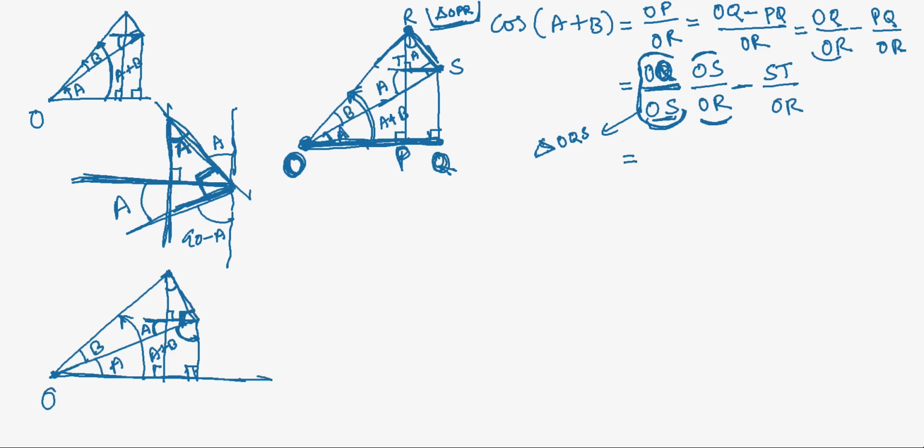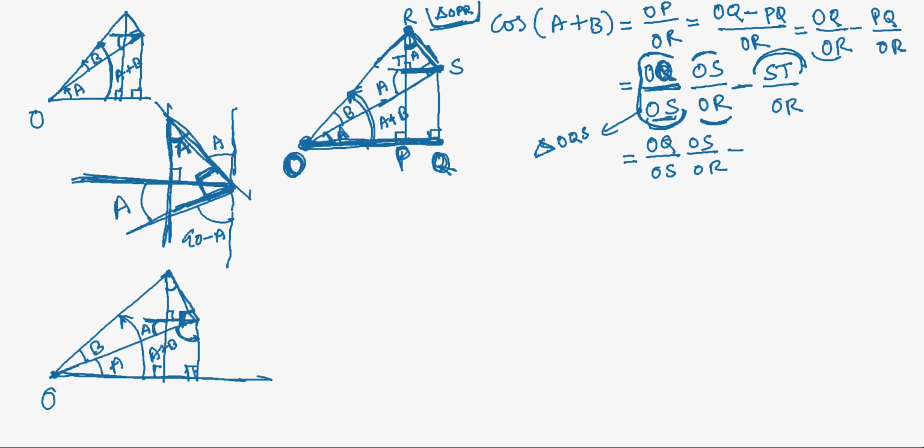So this can be written as OQ divided by OS, OS divided by OR, minus, look at the ST. The ST is in the triangle RST.